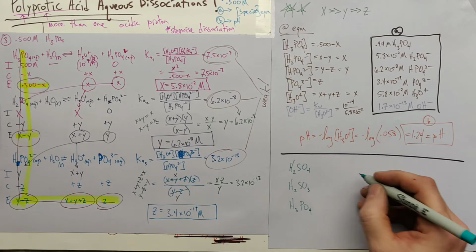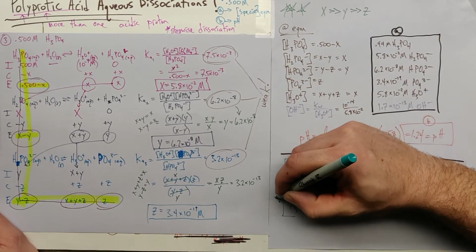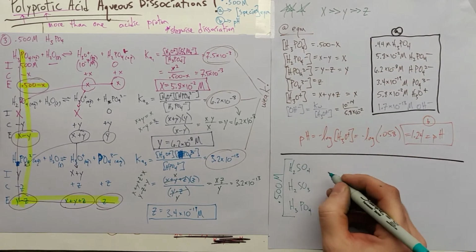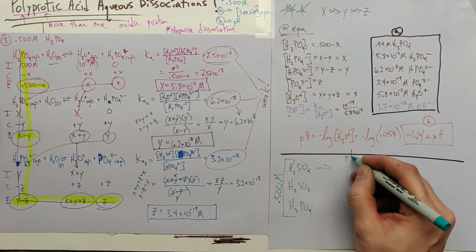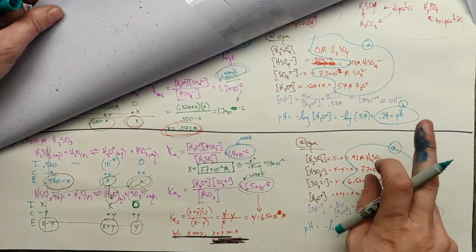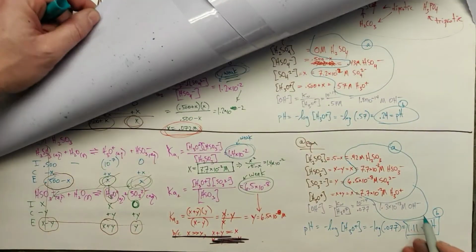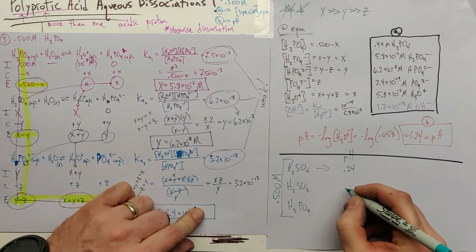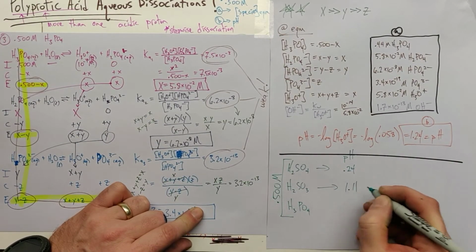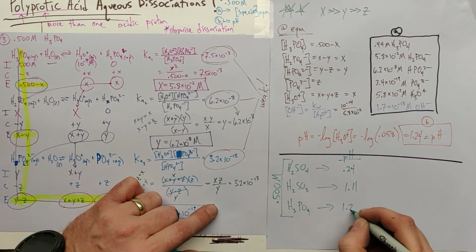When we set these up, we had 0.500 molar of each, and we ended up with a pH value for each of these. The pH for our sulfuric acid was 0.24. The pH for our sulfurous acid was 1.11. And the pH for H3PO4 was 1.24.